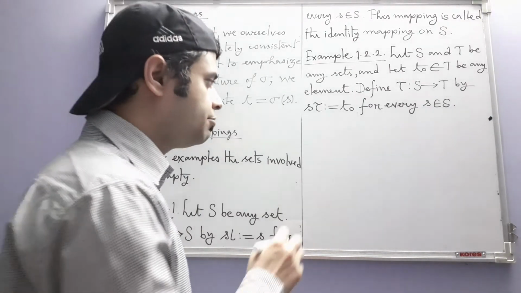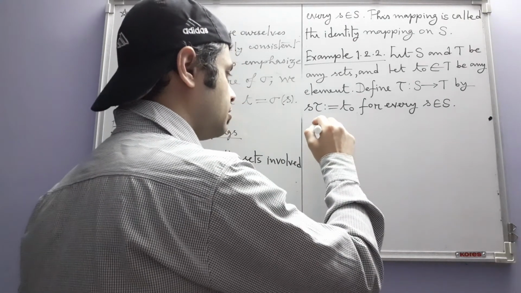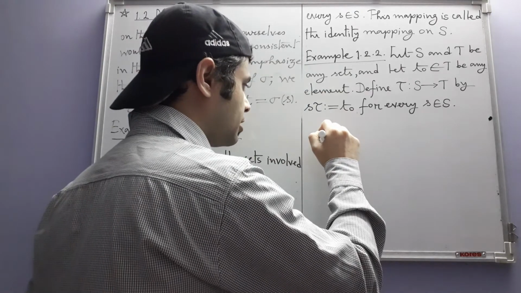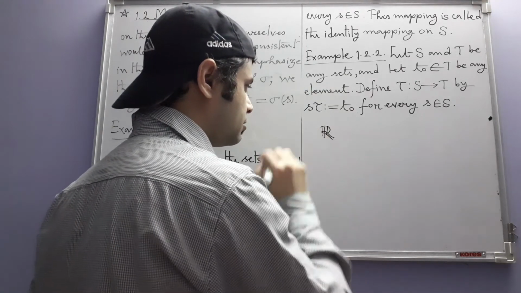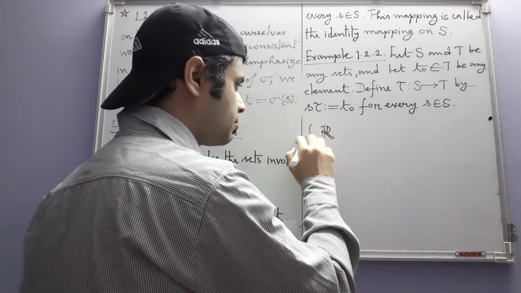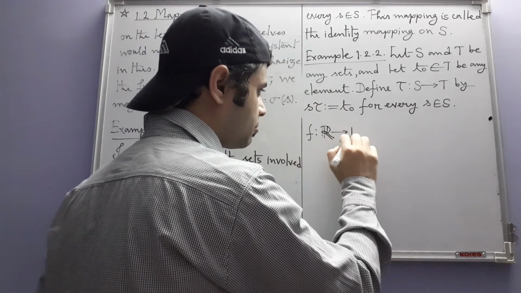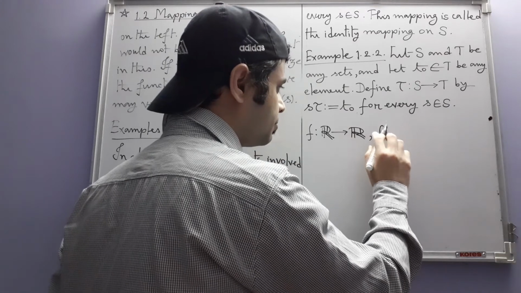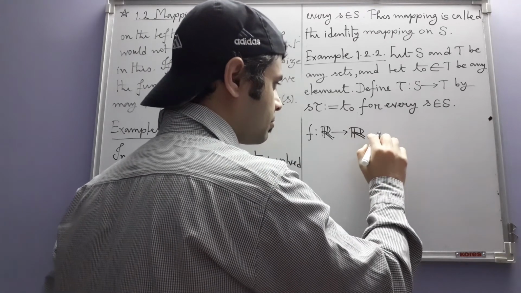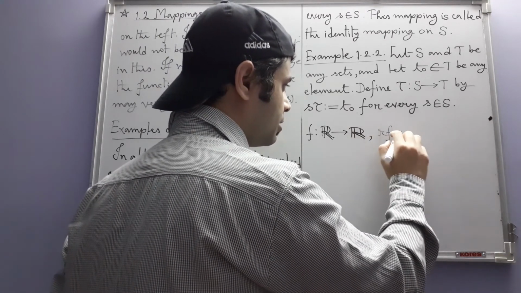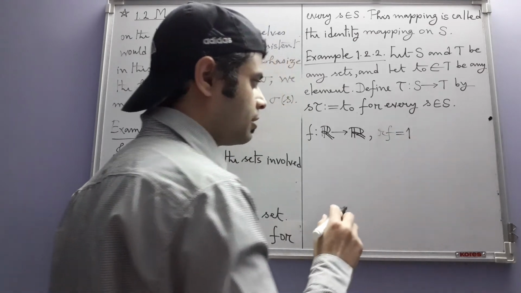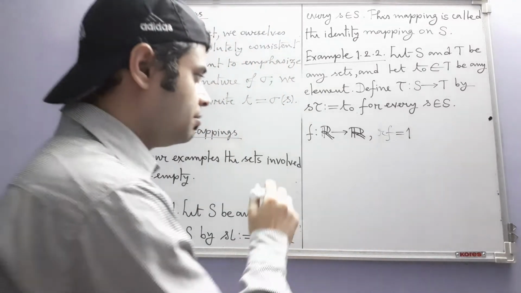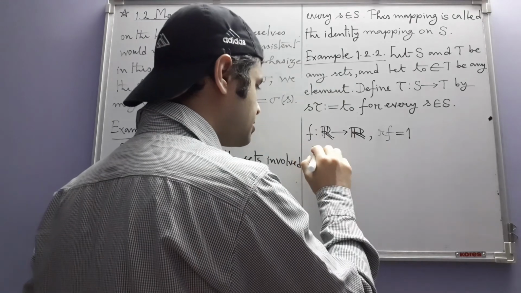For example, if there is a mapping on the set of real numbers that maps every real number onto say the number 1, then we will sometimes call the mapping itself 1.